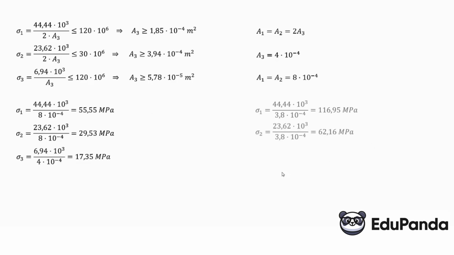But look what would happen to the second bar. If we divided 23.62 by 3.8, we would have tensile stresses of 62.16 megapascals with a strength of 30 megapascals. So the tensile strength limit is exceeded by more than twice. Well, then we could be sure that it wouldn't withstand that.